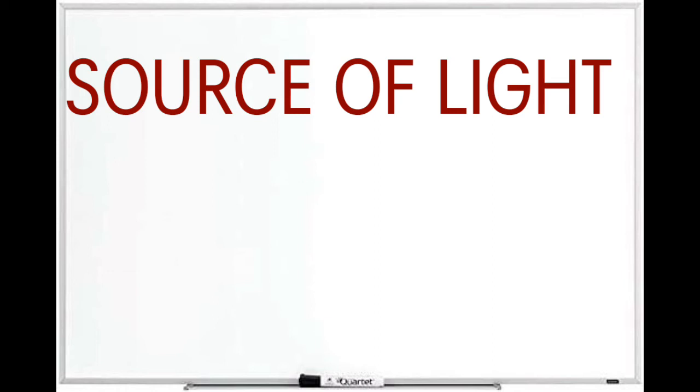When the reflected light reaches our eyes, we see those objects. Hence, objects which do not emit their own light are called non-luminous objects. Other examples of non-luminous objects are table, chair, book, flower, anything that you can think of.